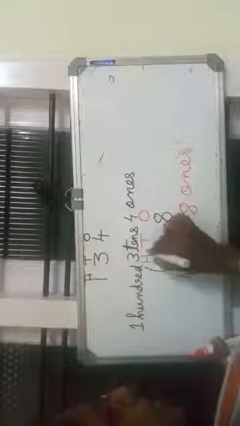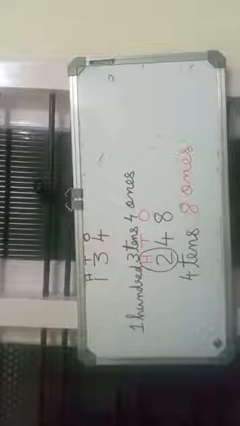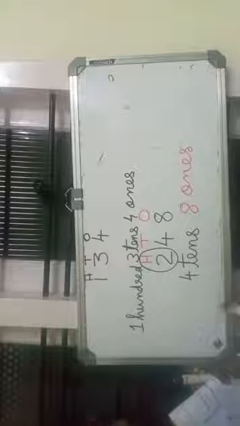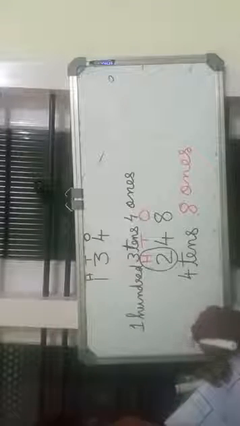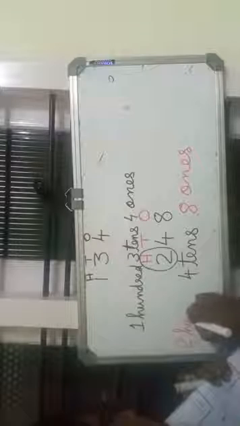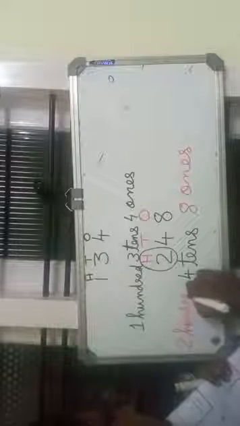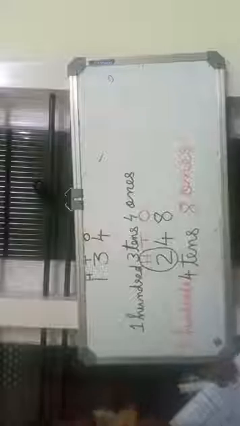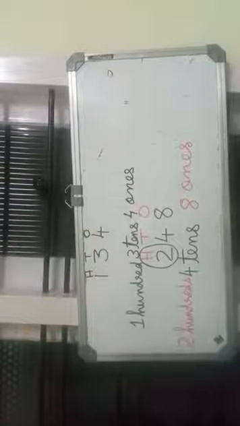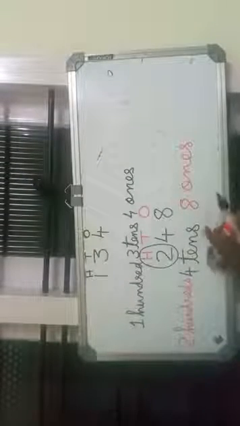This is hundreds place. 2 hundreds. Then we will write 2 hundreds. Okay. 8 ones, 4 tens, 2 hundreds.